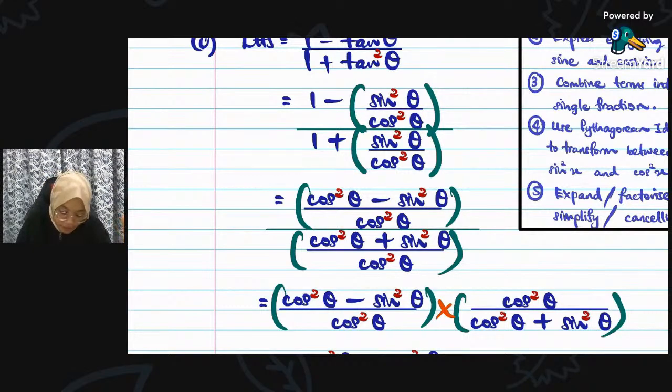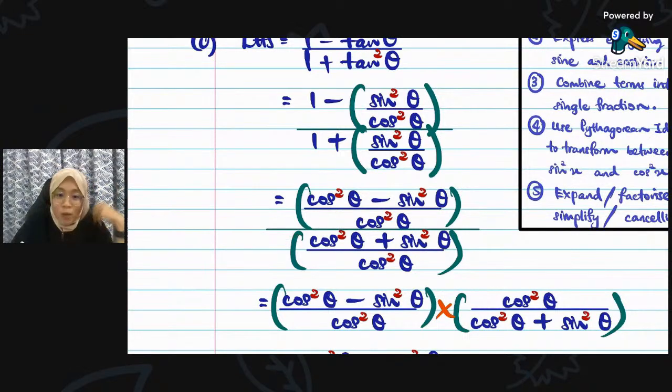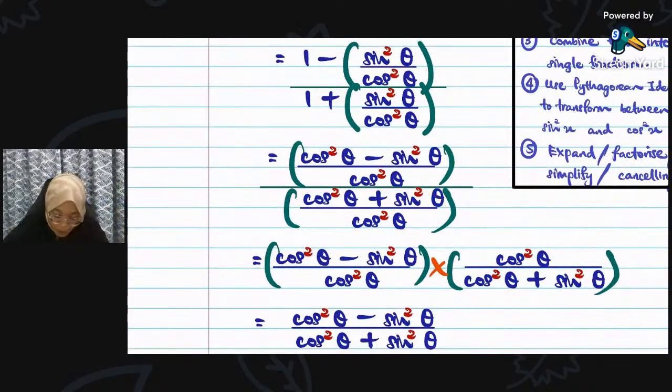So if you have already done that single fraction here, single fraction means one long line, one term, okay? One term means one fraction. So I hope you know what I meant by one term: one single fraction for the top and bottom. Now what I can see is that I can cut.